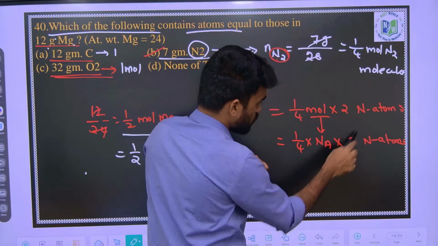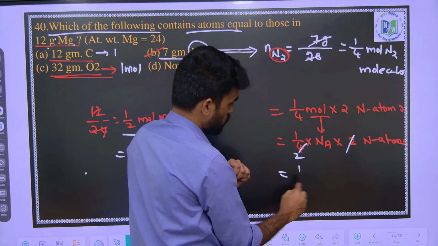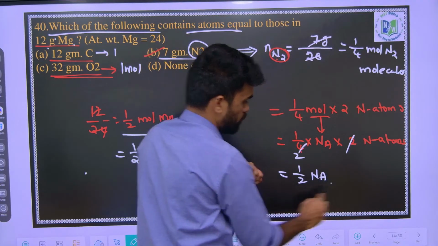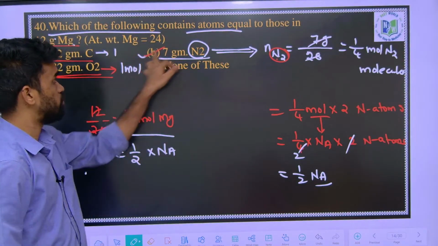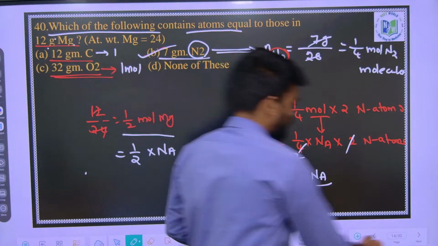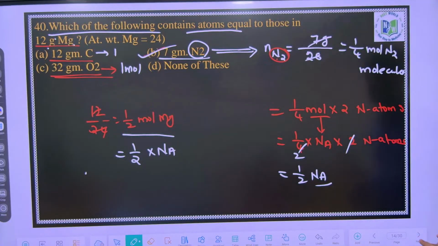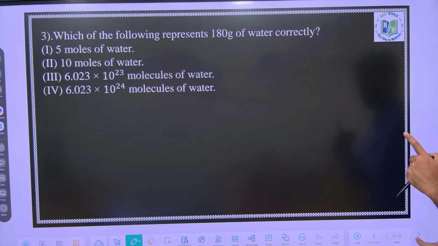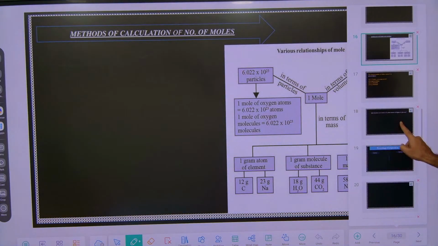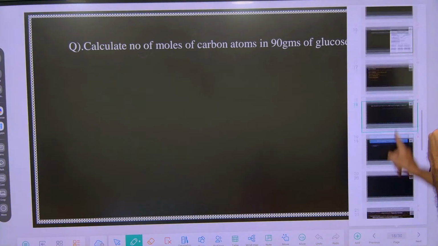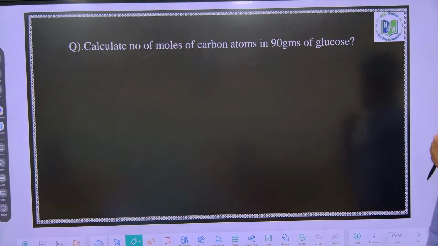So 2 times, so 1 by 2 into Avogadro number. Is this clear? That's why B. Okay, you can try a few more questions. This one and also this one. You just take all these questions as homework. Remaining we will do in the next class.